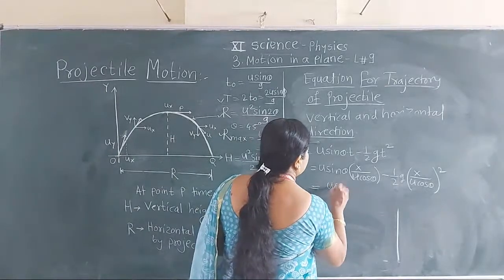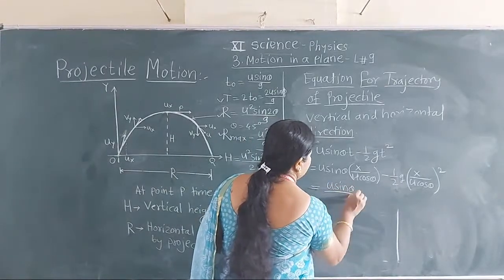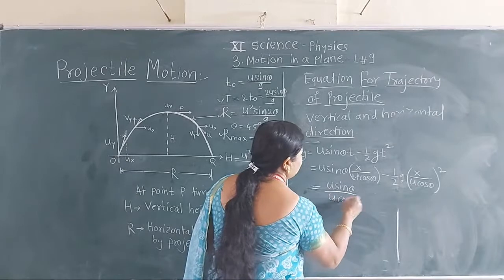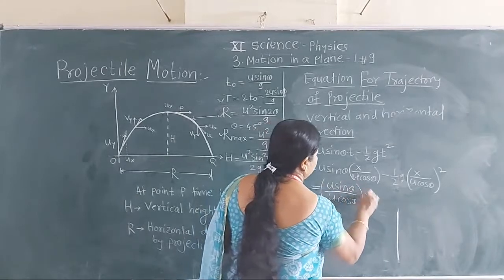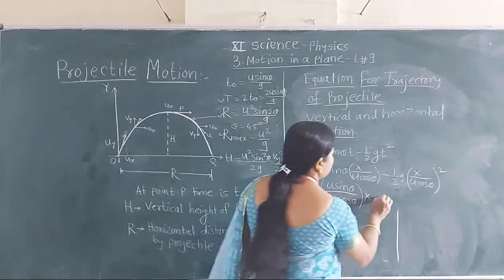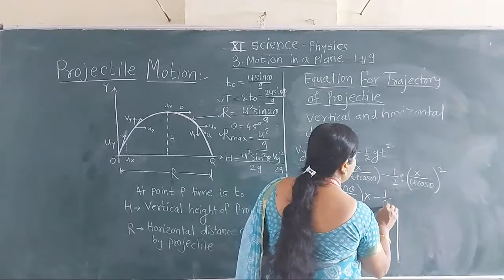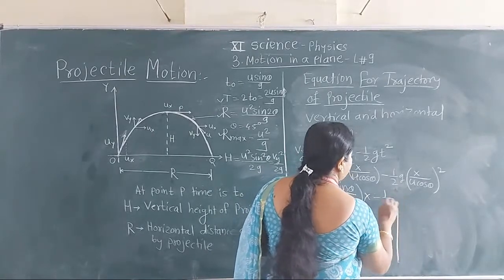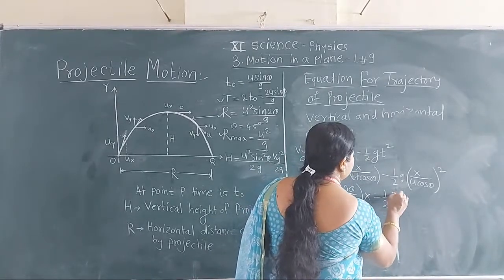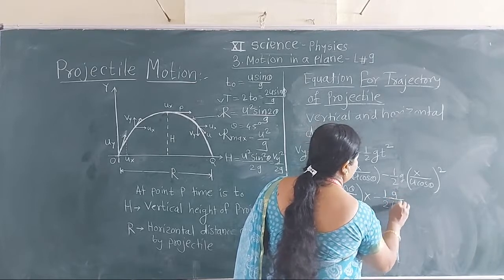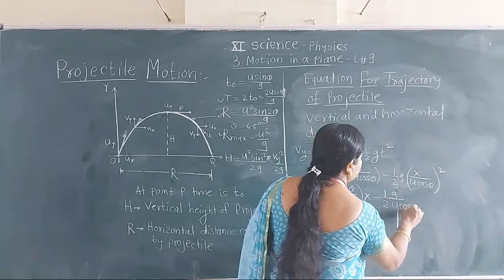u sin theta divided by u cos of theta into x minus 1/2 g divided by u cos of theta.